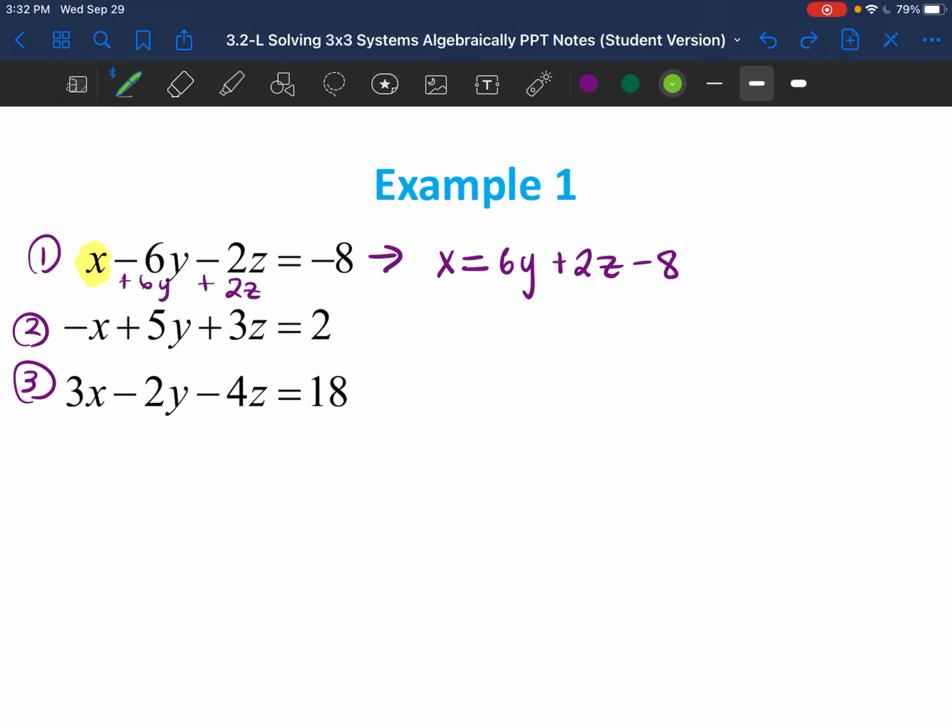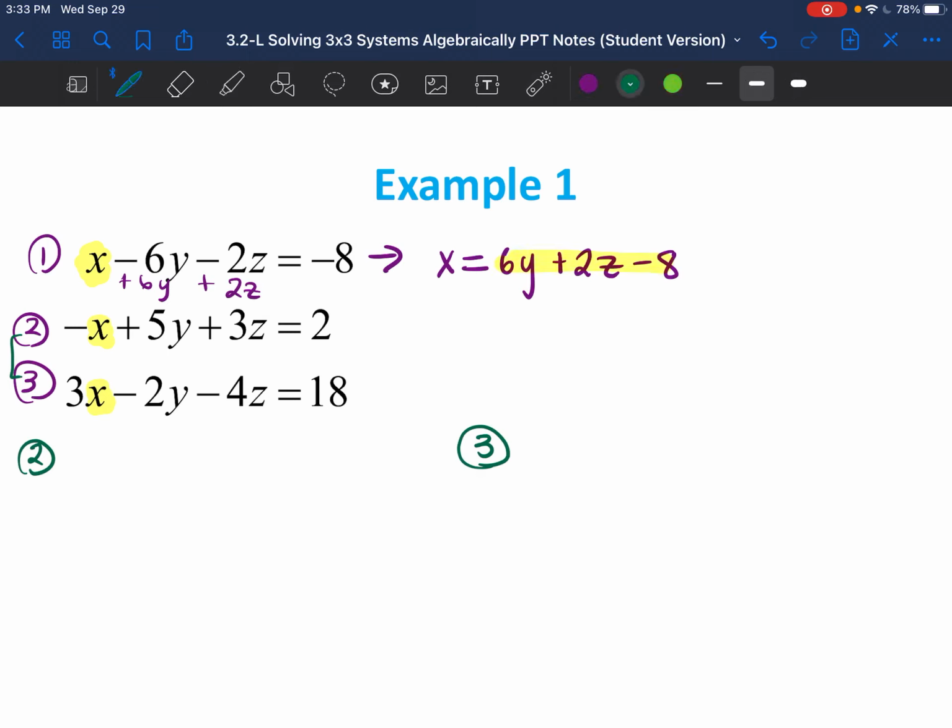Okay, and so after you've picked an equation and isolated a variable in that equation, take your remaining 2 equations. So we have not used equations 2 and 3. And we are going to substitute the x variable in all of these equations with this expression.